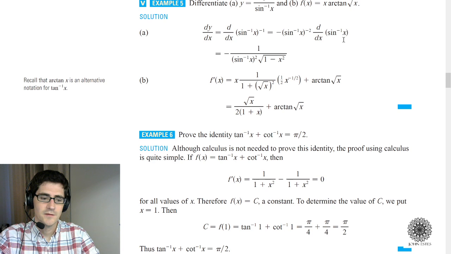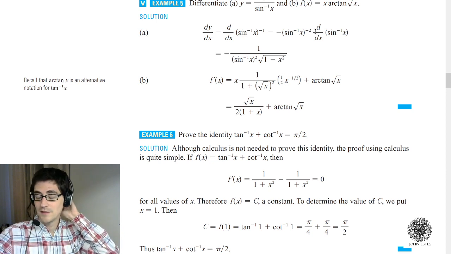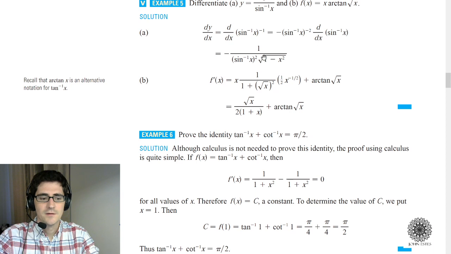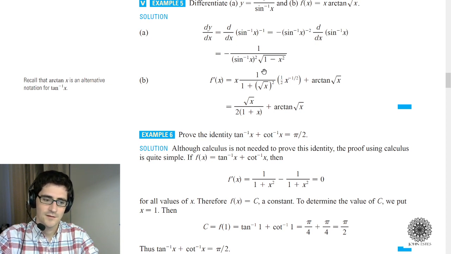So I get negative 1 over sine inverse x squared, right? Because that was sine inverse x to the negative 2 power. The derivative of sine inverse, again, is 1 over the square root of 1 minus x squared. So that's where we get this expression here. It's not pretty, but there it is.